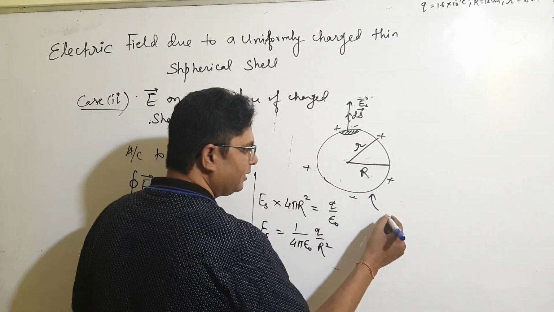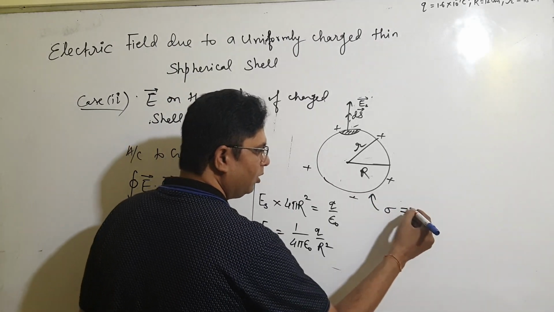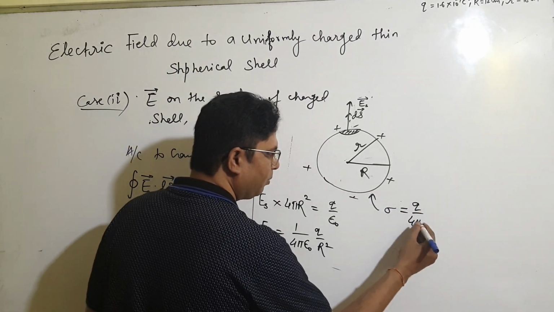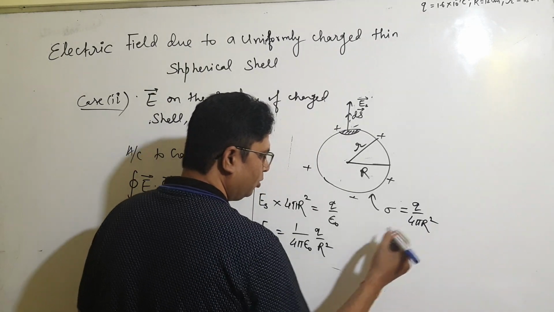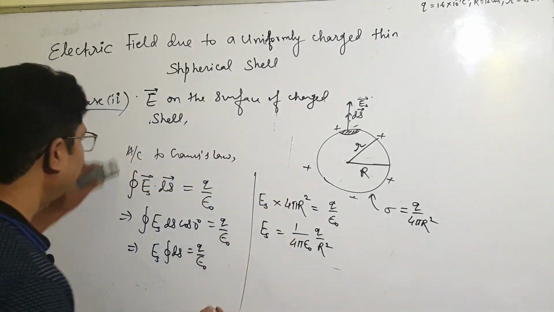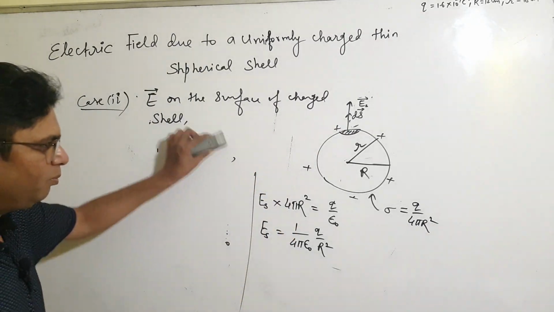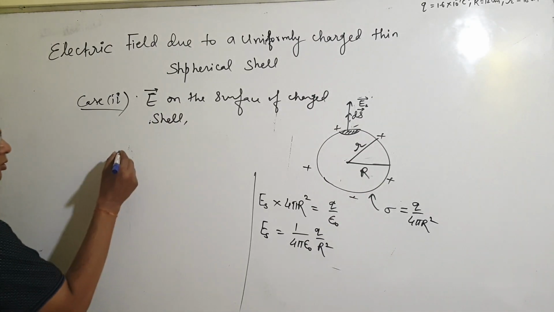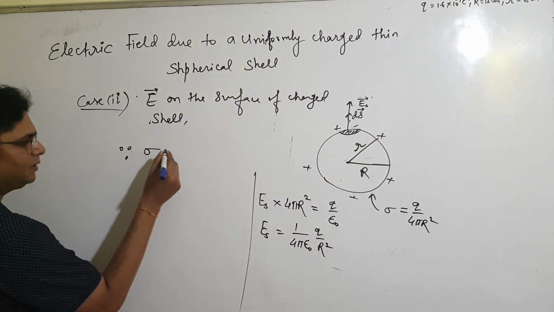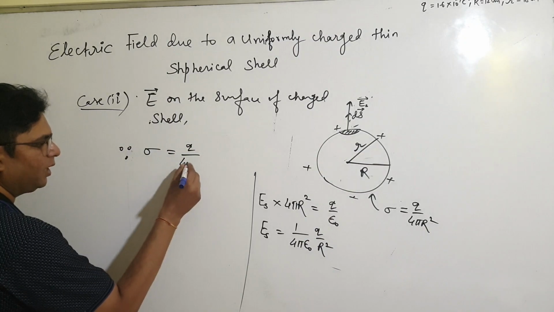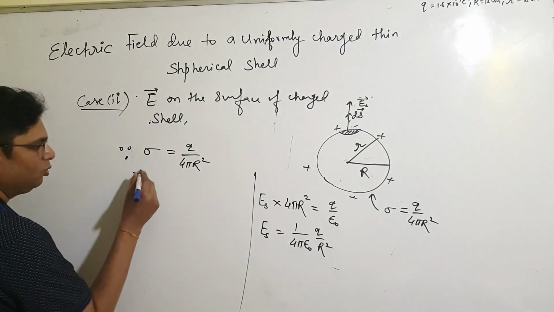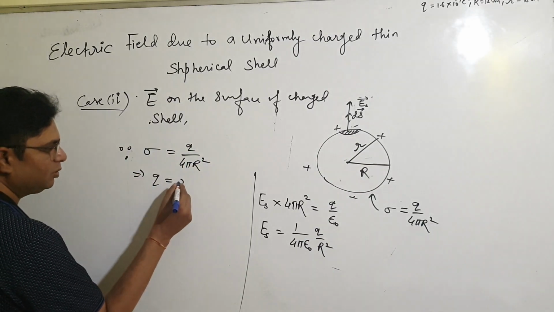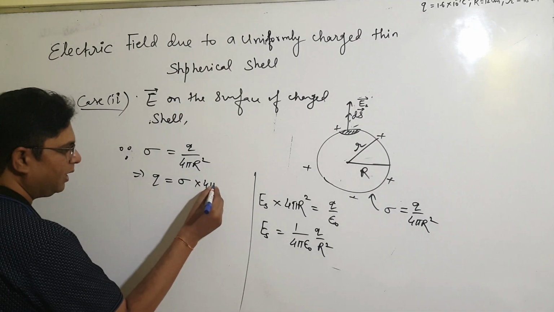Here, sigma, the surface charge density, is equal to charge q by 4 pi R square. So the charge equals sigma into 4 pi R square.